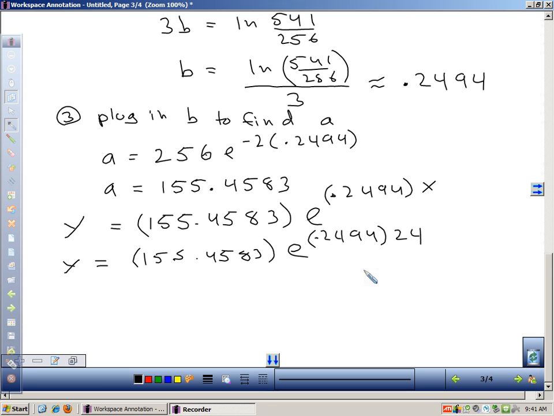And I can put that into my calculator, and I finally end up with y equals 61819.71. So after 24 hours using this growth model, our bacterial population would be over 61,000, almost 62,000 bacteria.